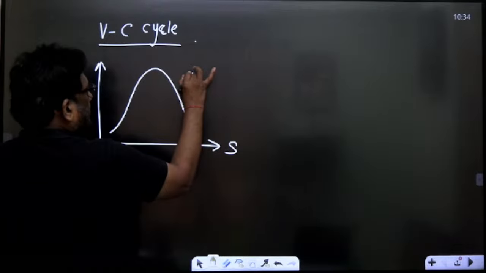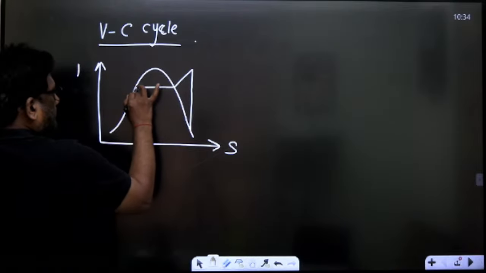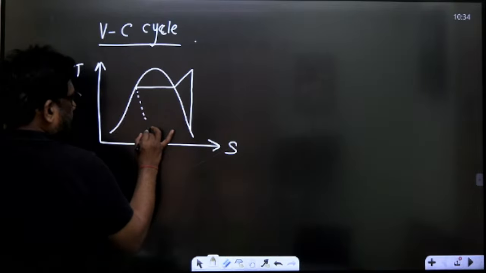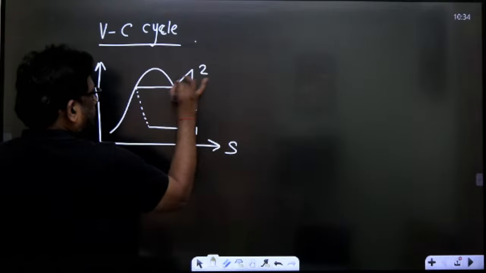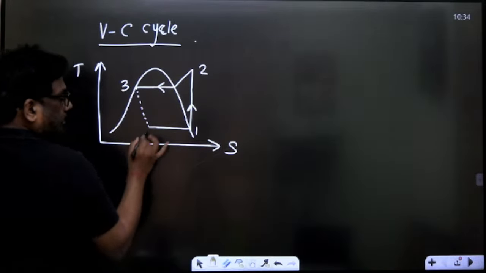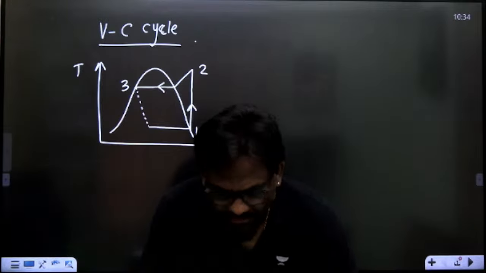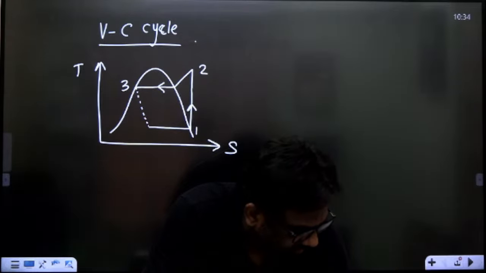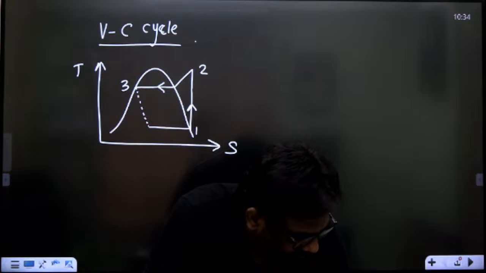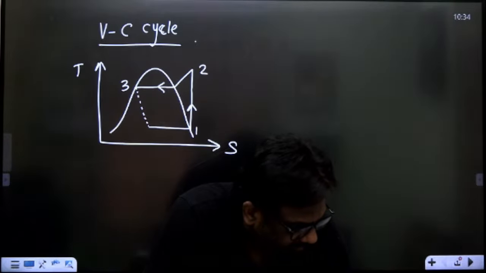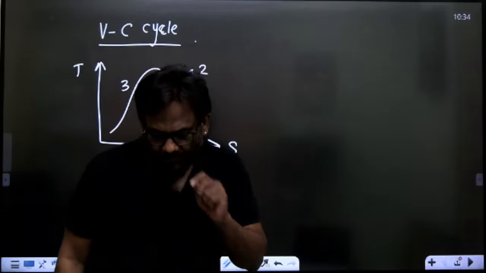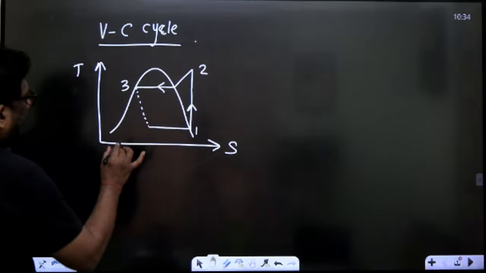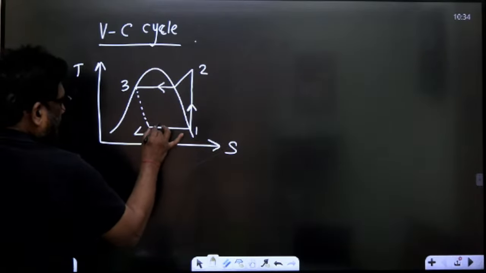It is a standard VC cycle. 1 to 2, 2 to 3. Right, correct. Now this is 3 to 4 and 4 to 1.